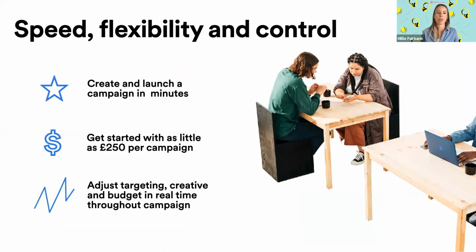So if we focus first on the speed, flexibility, and control aspect of Ad Studio, the platform really is the quickest way to get your campaign, or multiple campaigns for that matter, up and running on Spotify. You'll be guided through a 3-step ad creation process, which again, I'll show you throughout the demo. That includes selecting your target audience, your budget and schedule, and uploading your creative. And really, you can edit your ad at any point throughout the campaign. We've really designed Ad Studio to be super quick, intuitive, and allows you to build and launch a campaign in a really seamless way.